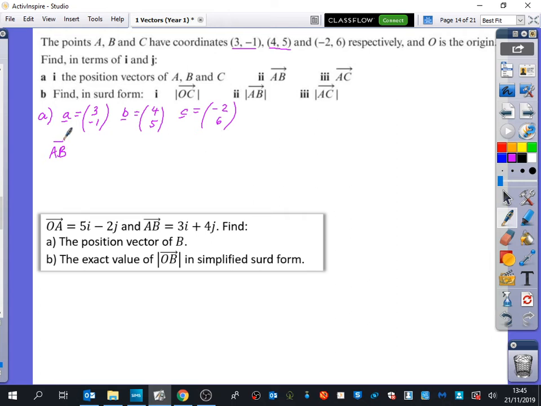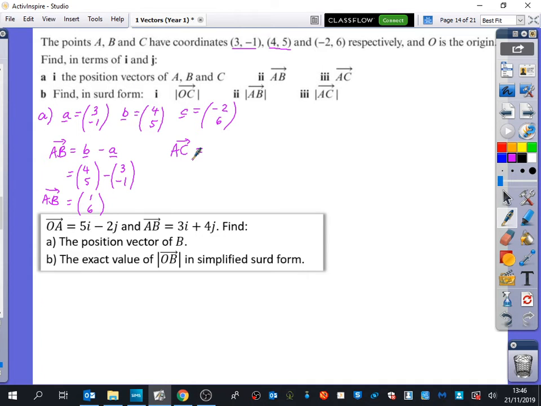Then it wants me to work out what AB is, which is just B minus A. So that's 4, 5 minus 3, minus 1, which is 4 minus 3 is 1, and 5 minus minus 1 is 6. So there's our vector AB. I also want to find out the vector AC.